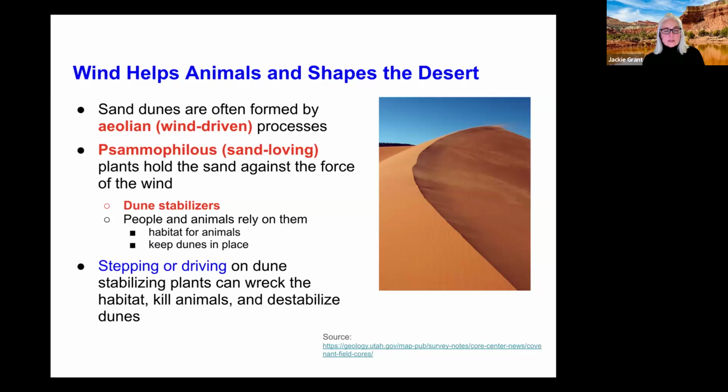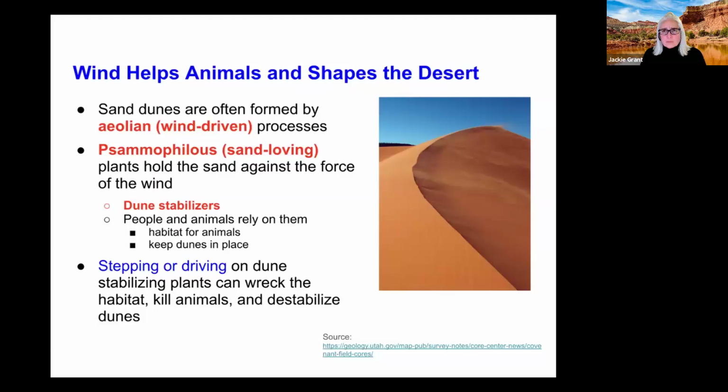Now, we also know that the sand dunes don't always just have sand on them. The sand dunes will have something called psammophilous plants. So it starts with a P, but it sounds like an S. Sand-loving plants. So psammophilous plants hold the sand in place against the force of the wind. So it's a constant battle between the wind and the plants. These psammophilous plants are dune stabilizers, and humans and animals rely on dune stabilizers for several different reasons.